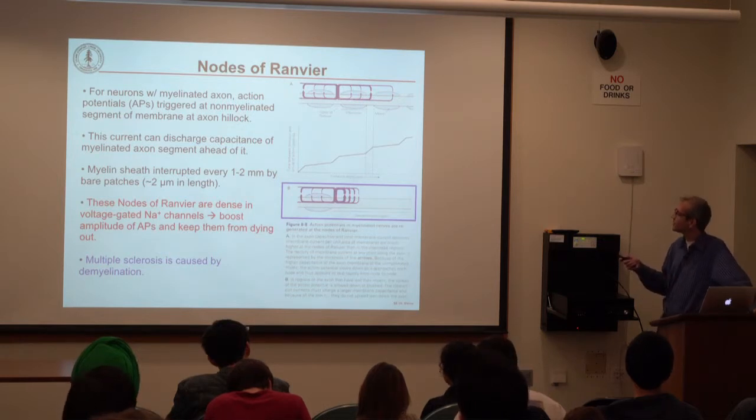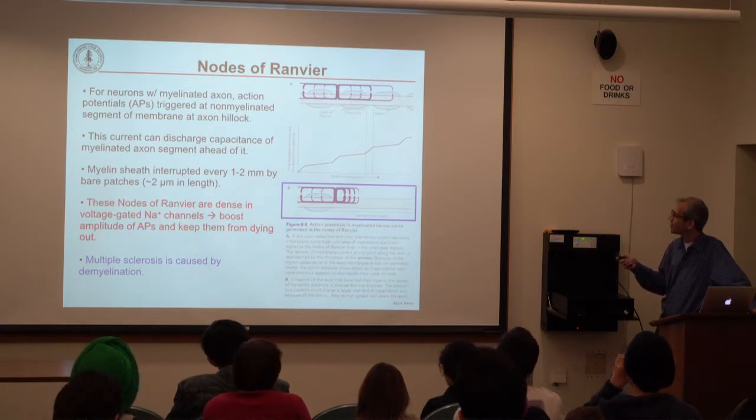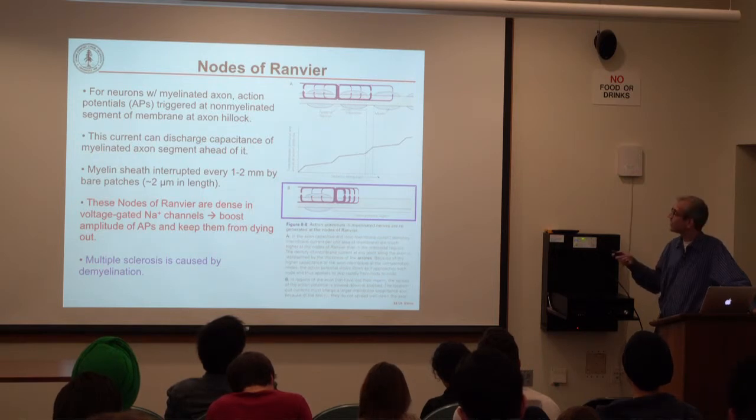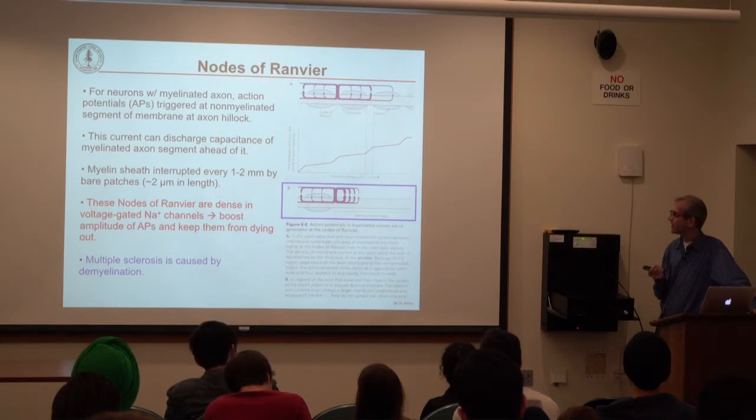Well, it turns out that you cannot create a voltage pulse in the middle here. It has to start at one of these gaps between the myelin, and that's what's called a node of Ranvier. So a node of Ranvier is located at one of these gap sites. So it's this node.